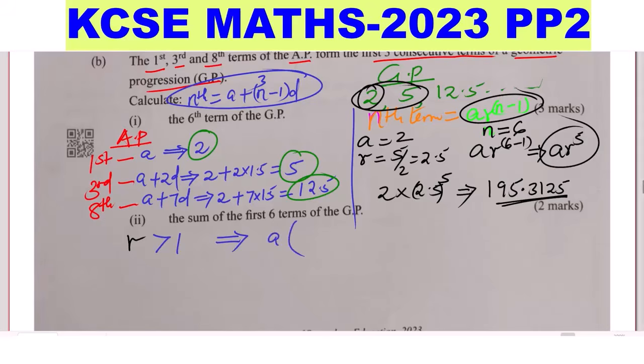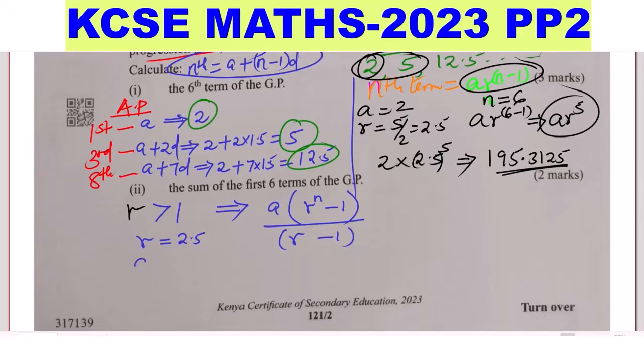A, then r raised to power n minus 1, then r minus 1. This is the formula that you're going to use when the common ratio is greater than 1. What's the common ratio here? We got the common ratio as 2.5. That is greater than 1.